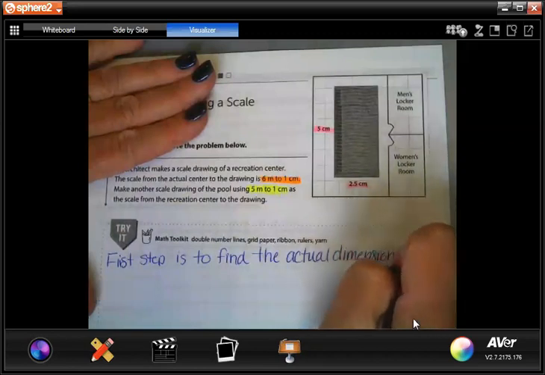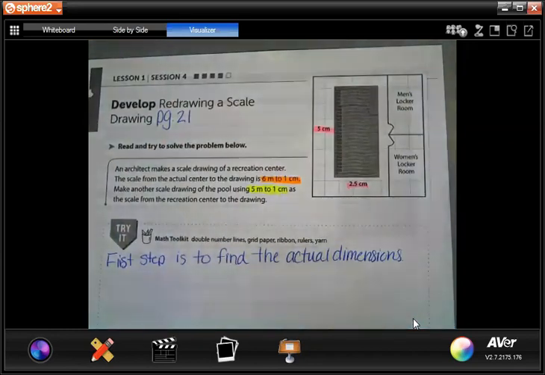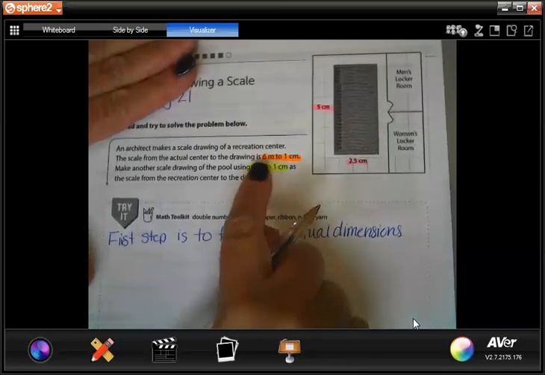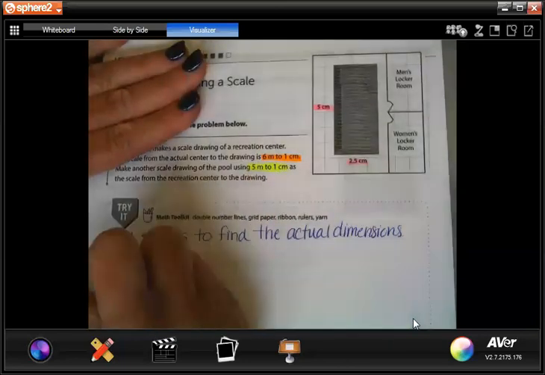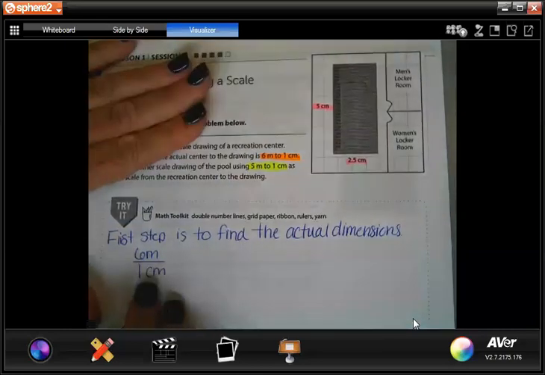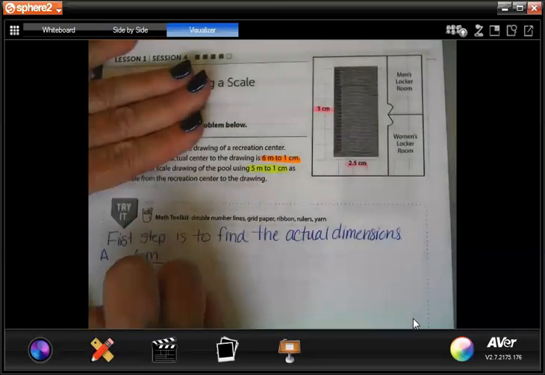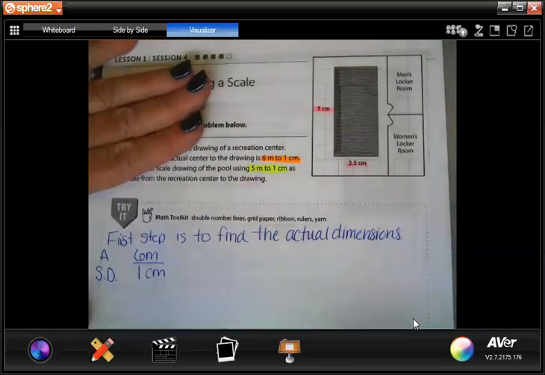So the very first step that we need to do is we need to find the actual dimensions. So in order to do that, I'm going to take my scale and write it as a ratio in fraction form. Okay, so there's my scale. Remember, 6 meters is the actual dimensions, and the 1 centimeter is what it is on the scale drawing.